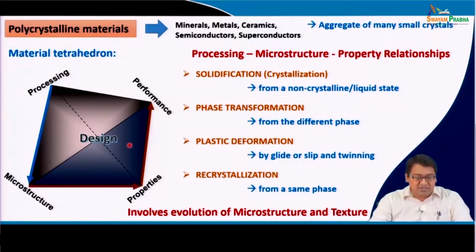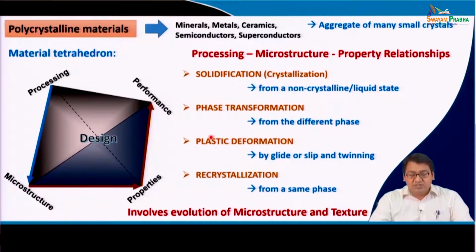Now, the material tetrahedron is basically used to design the material through some kind of a processing method, and this processing method could be solidification, which is basically known as crystallization, that occurs from a non-crystalline or a liquid state to a solidified polycrystalline state, phase transformation, a transformation from a different crystalline state to another crystalline state, say from face centered cubic to body centered cubic, or from hexagonal close packed to body centered cubic, or vice versa.